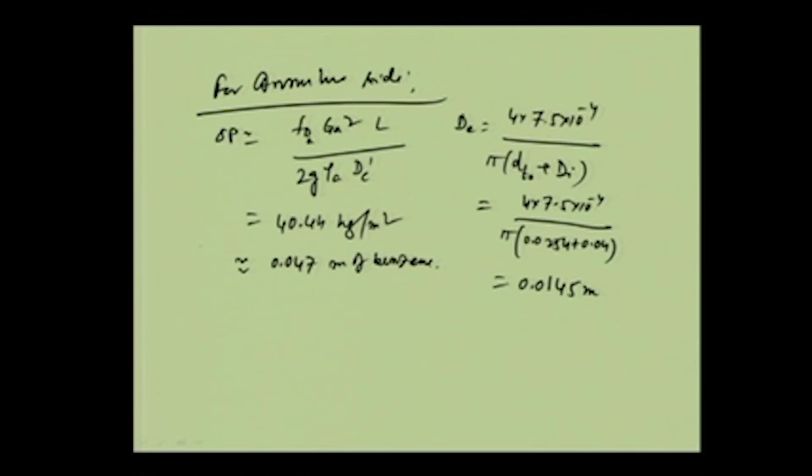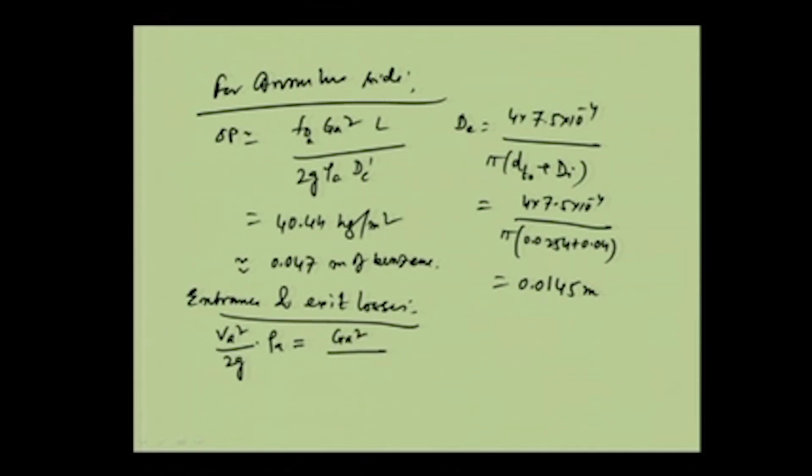But there is another, the entrance and exit losses. So this is as we said, VA square by 2g into rho A. So nearly equal to GA square by twice rho A into g, and this is equal to 5.19 kg per meter square.